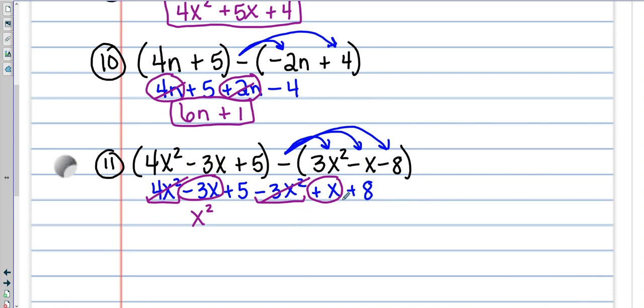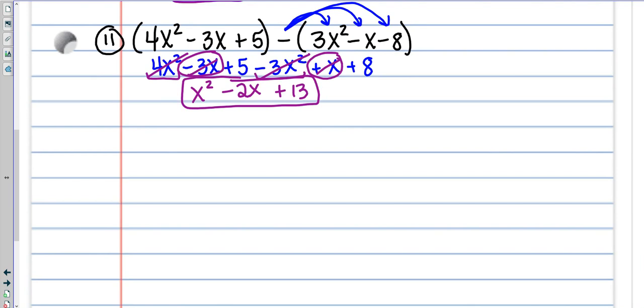Negative 3x with x, and when you combine those, you get negative 2x. And then my constants that are left over, 5 plus 8 gives you 13. Is there anything else to simplify? Nope, this is it. So my answer is x squared minus 2x plus 13.